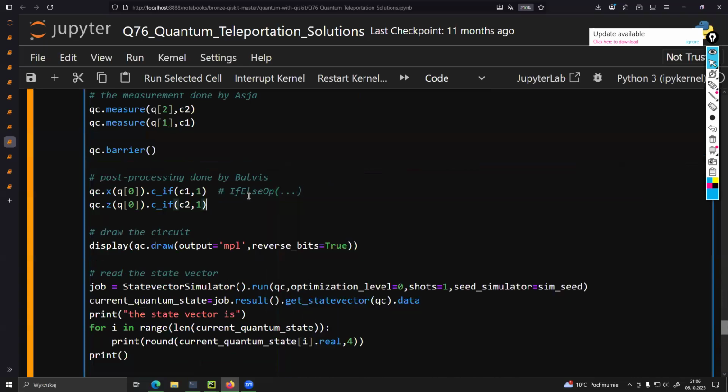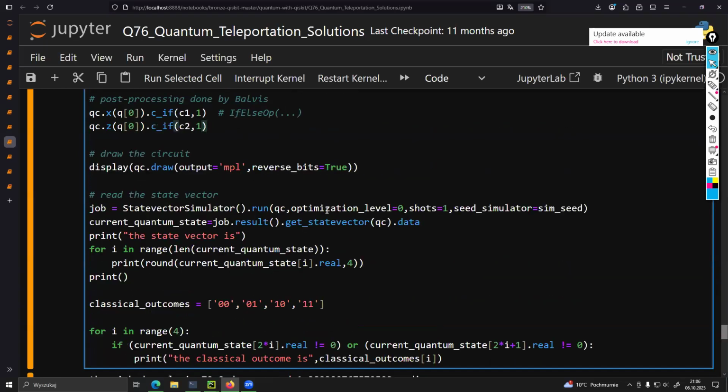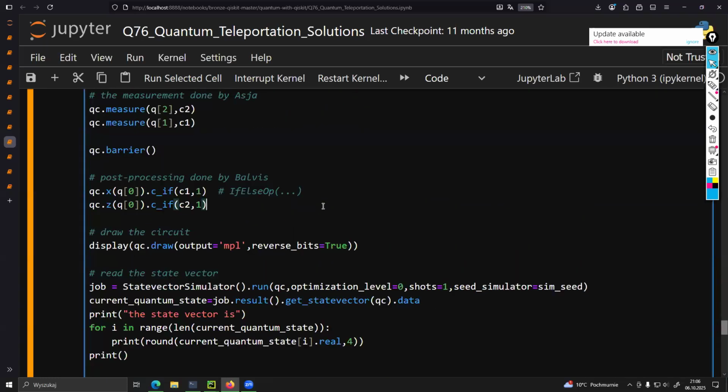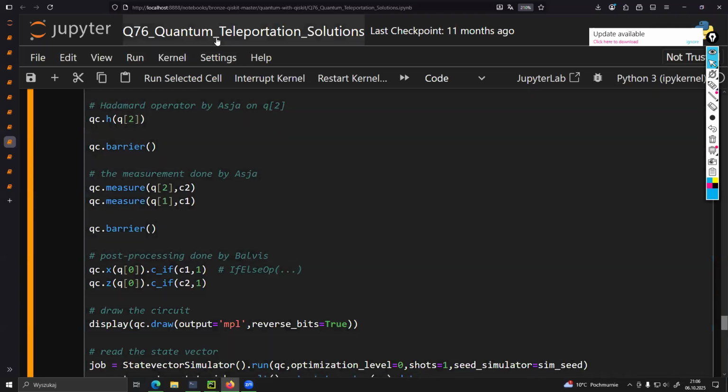It would be here. And I could control this by just preparing a single circuit with one gate, and that's all. That would be the method to actually recover this notebook if you had Qiskit 2.0 installed.